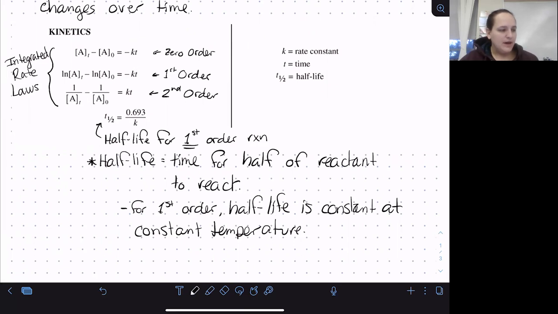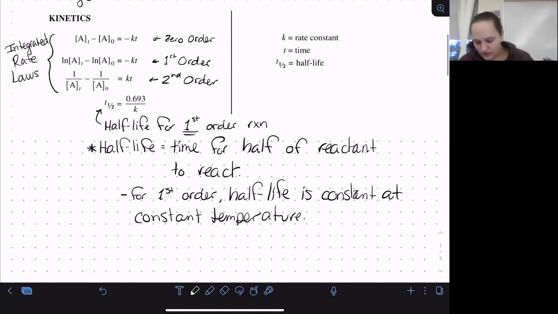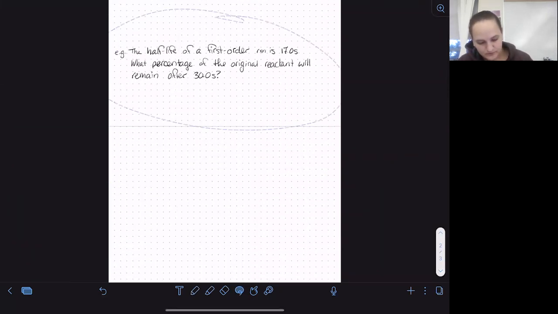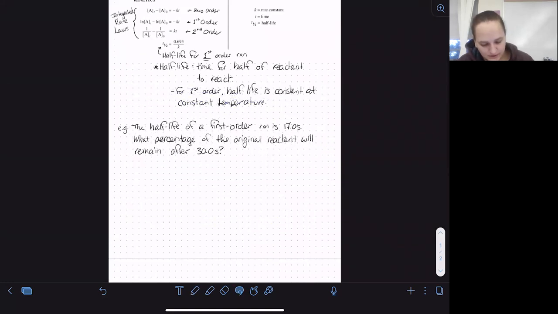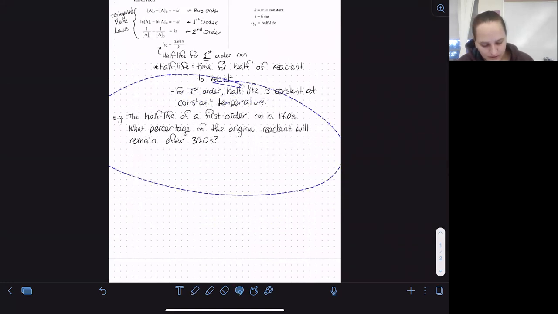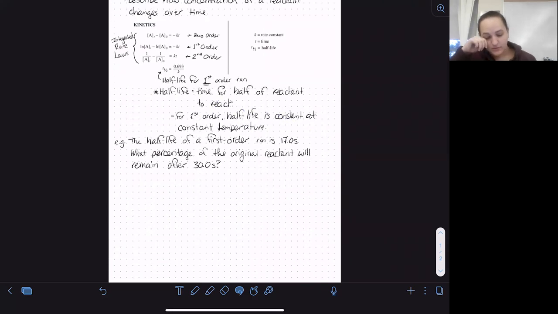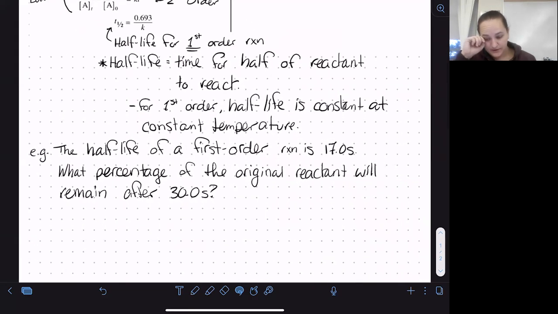So I want to look at an example of just using an integrated rate law using these equations. We can use these for any kind of problem where time is a factor.